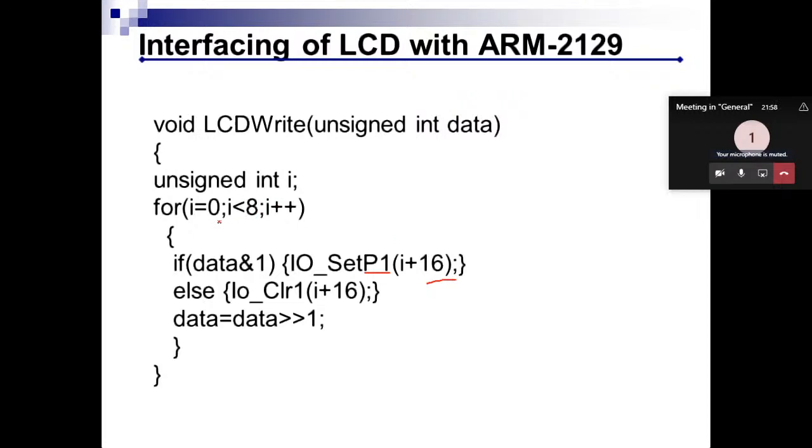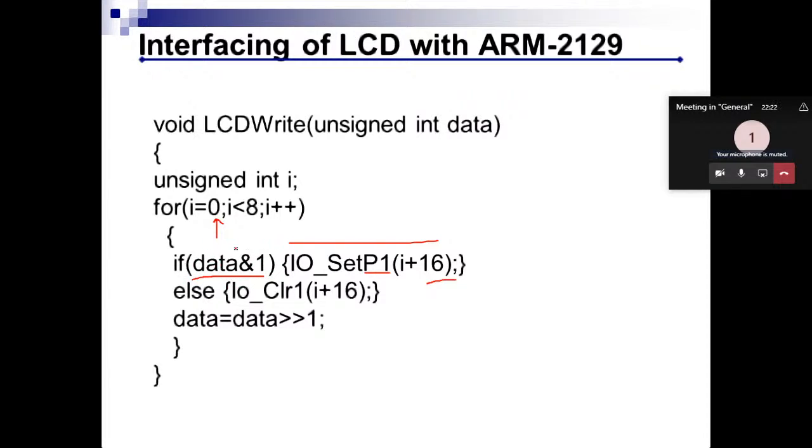So basically in a for loop I start with 0, that is, initially the value of i is 0, and to that I add 16. So initially I am setting pin number P1.16. I will set that pin only if the data corresponding to that pin is high. So I am doing data AND 1.